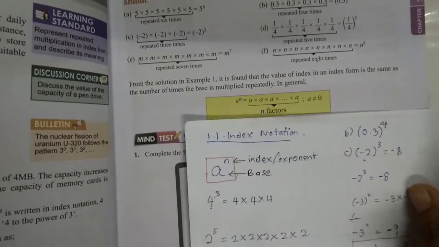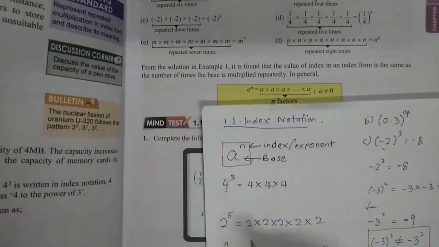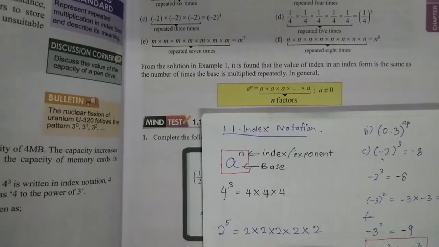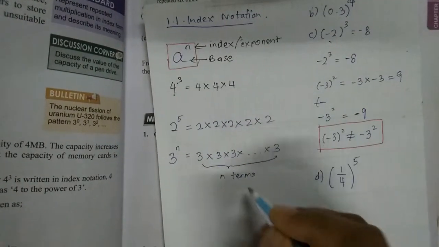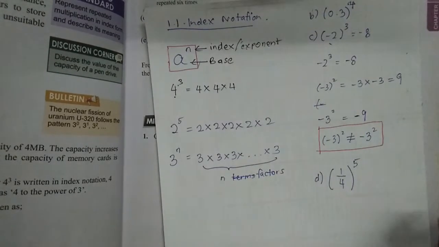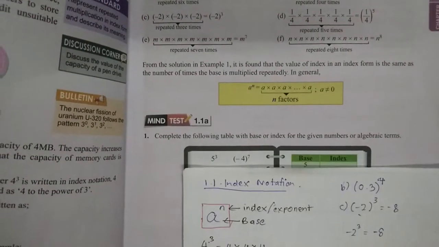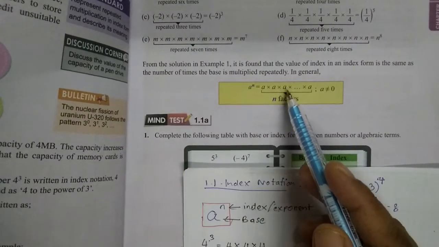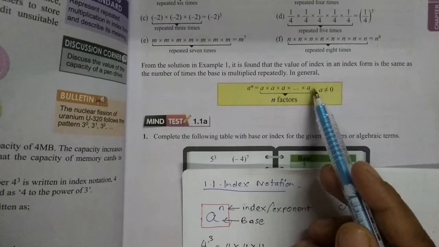Okay, just now, I already told you about n terms and n factors. This is n factors. A power of n equals a multiplied by a multiplied by a, until the nth a.